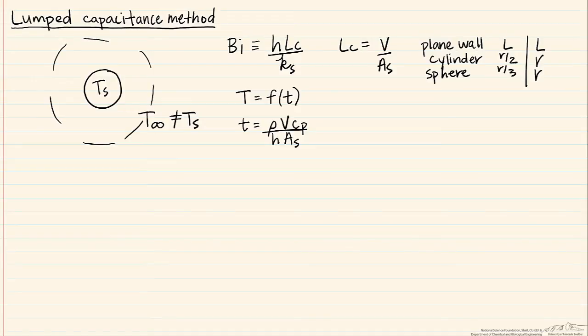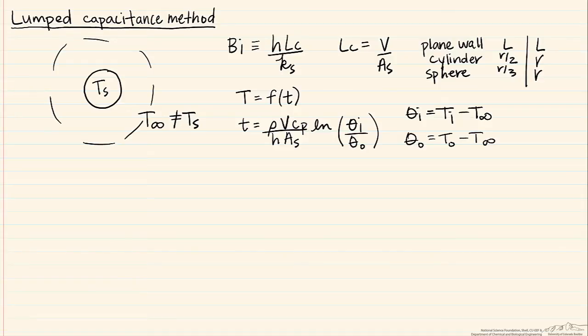And this is all multiplied by the temperature difference term, the natural log of theta sub I over theta sub 0, where theta sub I is equal to the initial temperature of the solid minus this bulk temperature, and theta sub 0 is equal to the centerline temperature of the solid minus our T infinity. So in order to use lumped capacitance, our Biot number needs to be less than 0.1. Therefore, for any transient problem, the first thing you need to do is calculate that number.